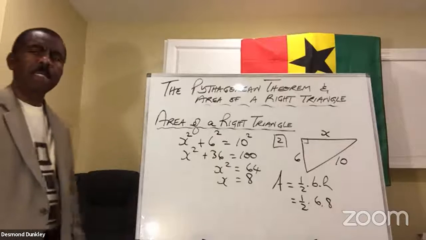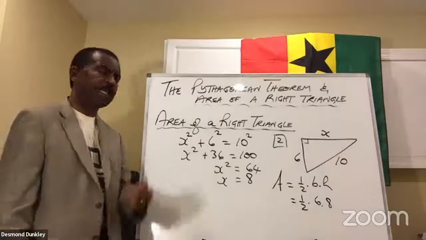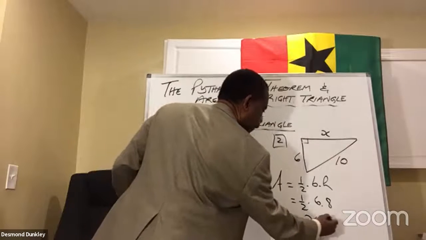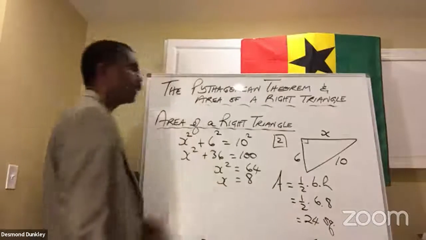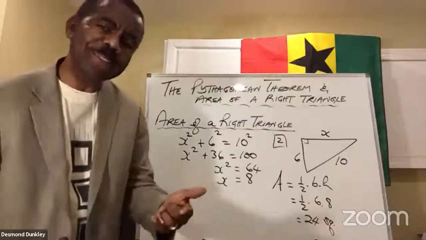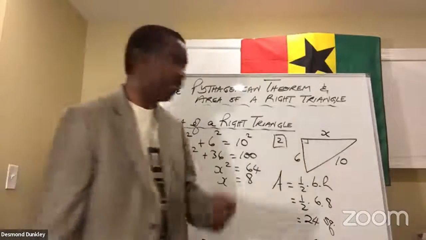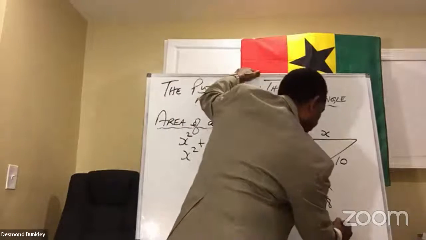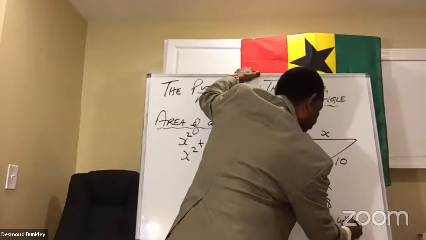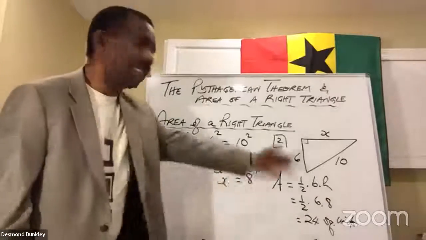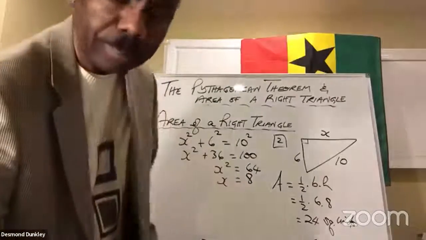And then of course, 1/2 of 6 is 3. 3 times 8 is 24. In this case, since you are not given the units, you put 24 square units. Okay, because it's area, so it's going to be square units. And that's how you do that question.